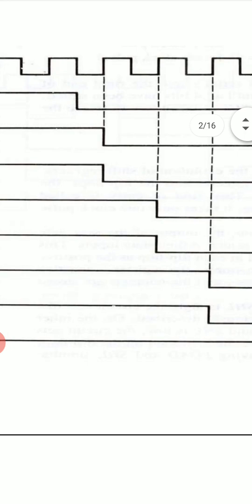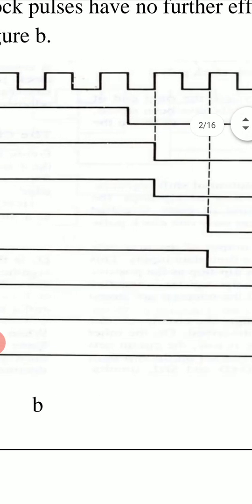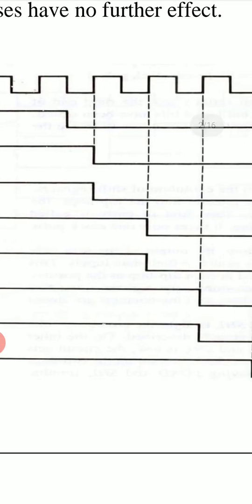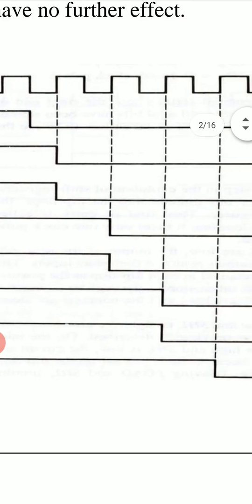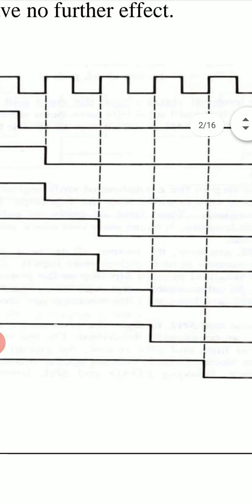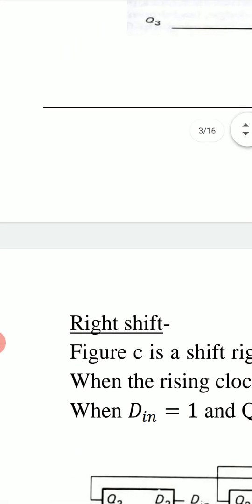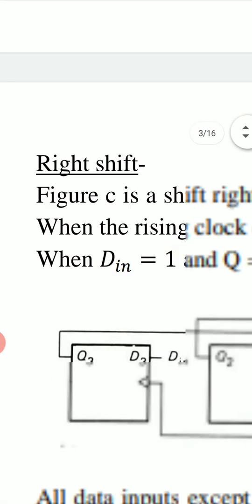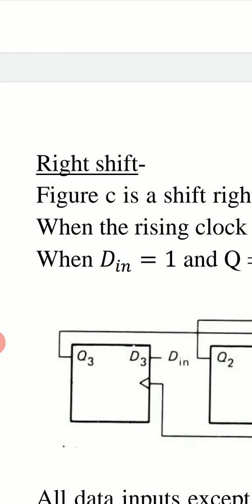And next it is shown when this D input becomes 0 from 1. In a similar manner we can explain this also. The next positive clock edge shifts the bits to the left.